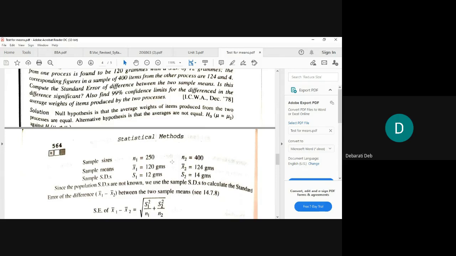Null hypothesis is that the average weights of items produced from the two processes are equal.